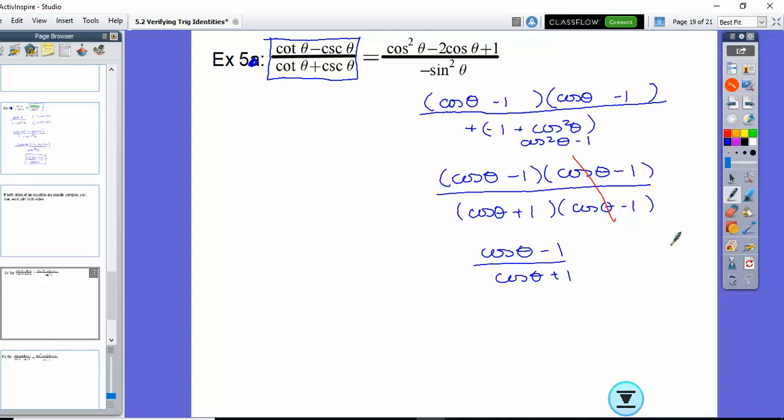No? So if you're stuck, what do you do? Yep. So we said, okay, I worked here, I can't figure it out. So instead, that's my new goal. I'm going to try to turn the other side into the same thing.